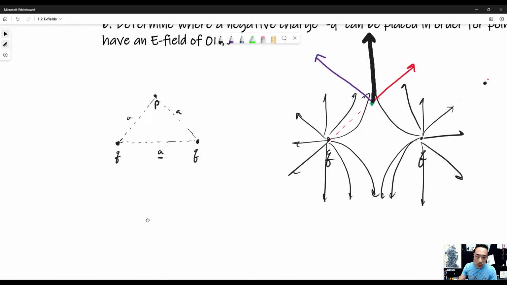We have two Q's. I'm going to call the Q on the left Q1 and the Q on the right Q2, but just so you know, they have the same magnitude.